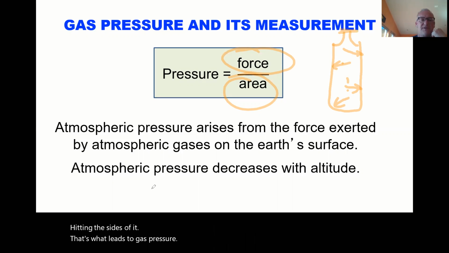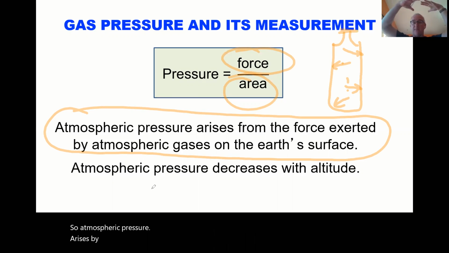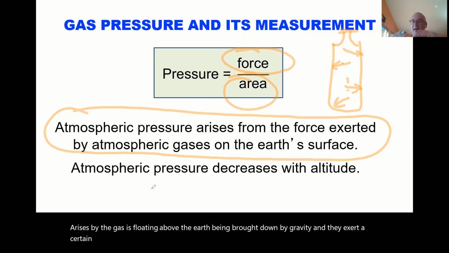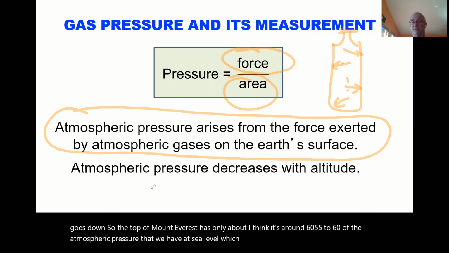So atmospheric pressure arises from the gases floating above the earth being brought down by gravity, and they exert a certain pressure on us. But as we move up in altitude, we know that the atmospheric pressure goes down. The top of Mount Everest is only about, I think, 55 to 60% of the atmospheric pressure that we have at sea level, which is why it's so difficult to breathe up there.